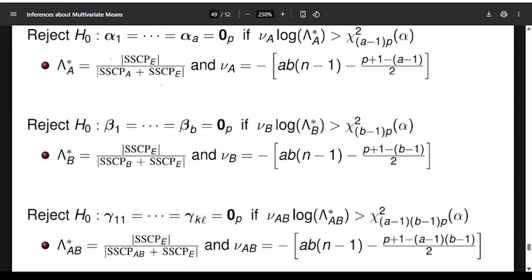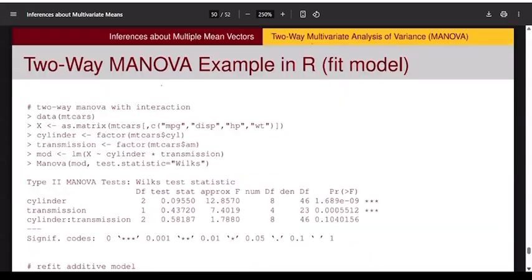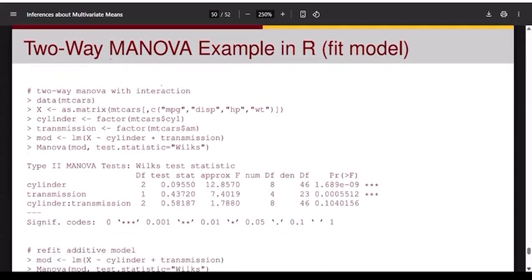And after taking your decision, what is going to happen? Now, this is the R, if you want to do that in R. I still want to retain the example that I used the other time. The other time, please, I need you to pay attention. You know what we did? We looked at the effect of cylinder on multiple dependent variables.